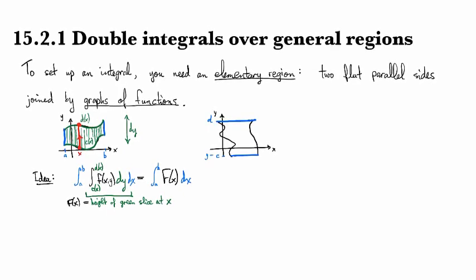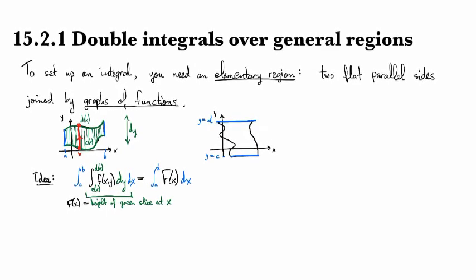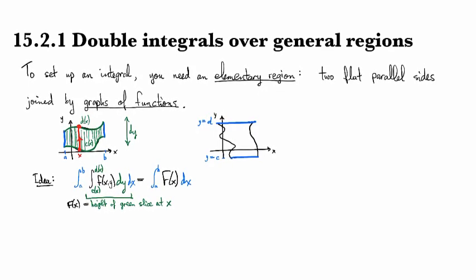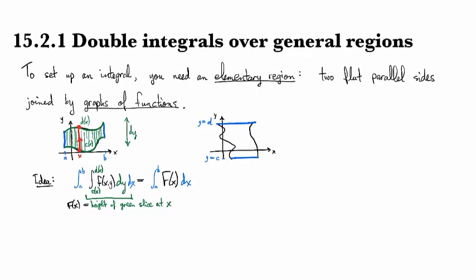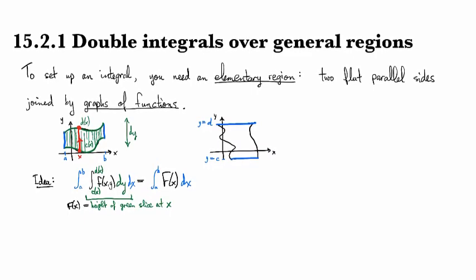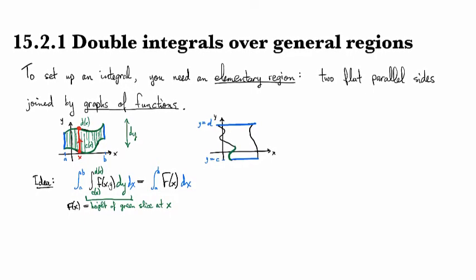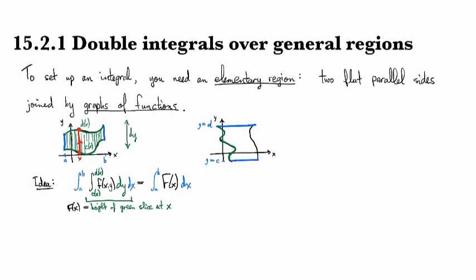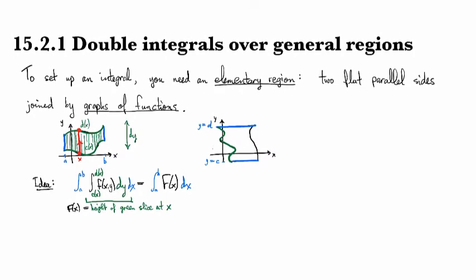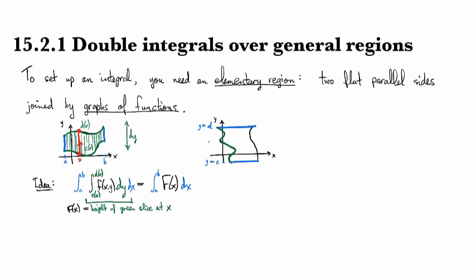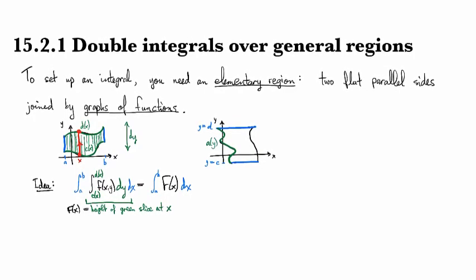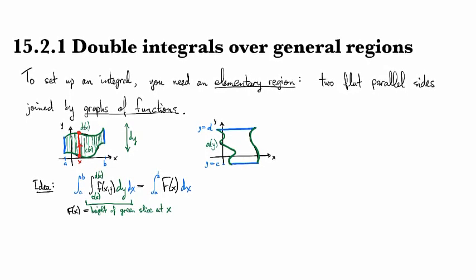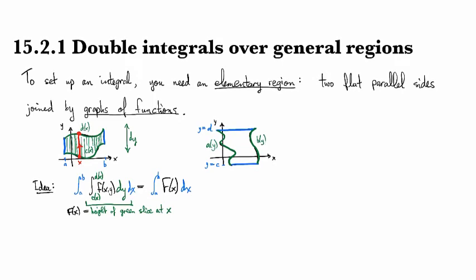So this is y equals c, y equals d. And then I've also got these graphs of functions going between them. Now, this one here is the graph of a function of y, right? So it's varying as we move in the y direction. So I'm going to call it a of y. And this one over here also varies as y changes, so I'm going to call it b of y.